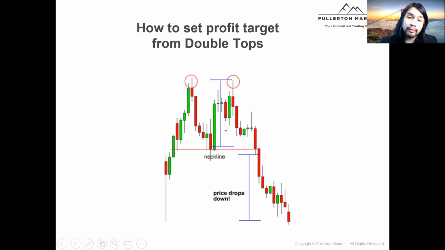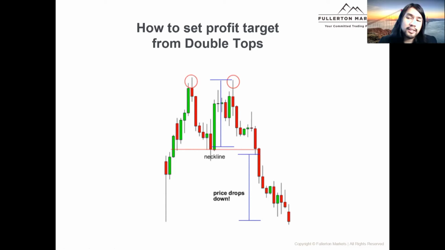For example, let's say this blue line is 1,000 points. When we short later, after prices break below the neckline, we want to target and account for the 1,000 points. That's how you set your profit target for the double top, okay?